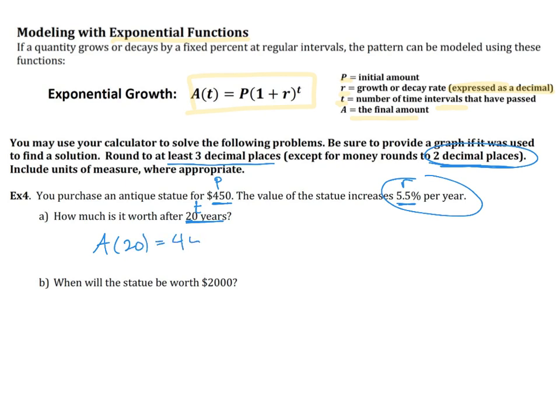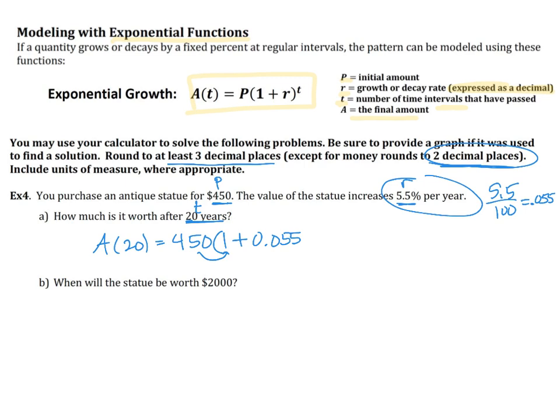So our initial amount is $450. We are going to add 100% of the money, which is $450. That's why we have this 1 right here, because it's 100% of the money plus 5.5%. So remember my 5.5%, I'm basically dividing that over 100 to get a decimal. So it becomes 0.055.